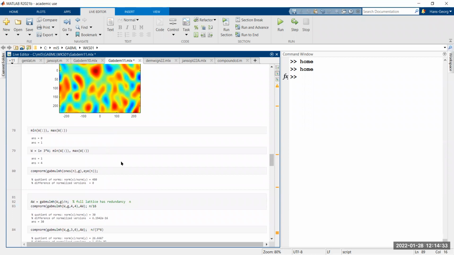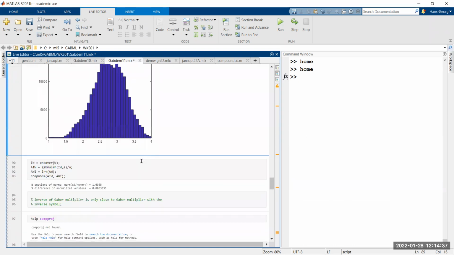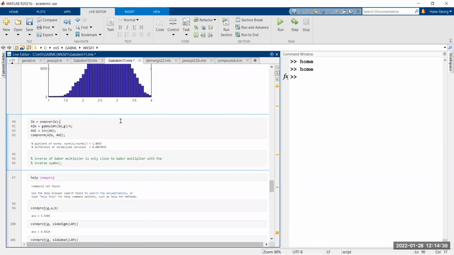Maybe I should also do this here. But what we can try to do here is to check what we can do with the inversion of an operator.